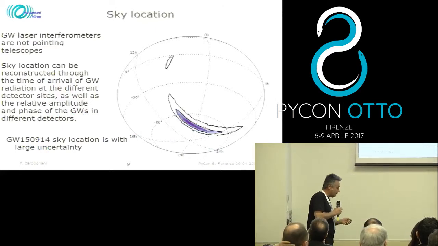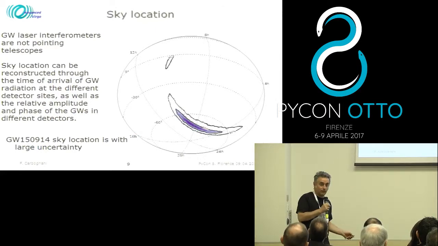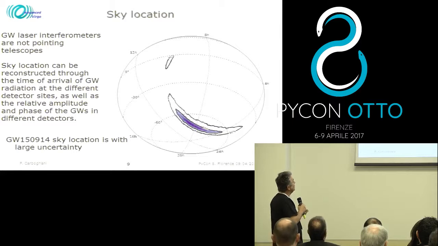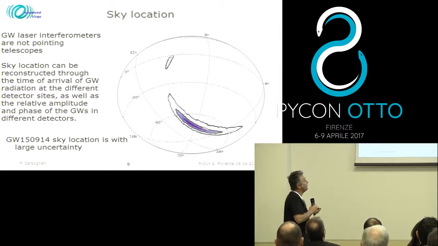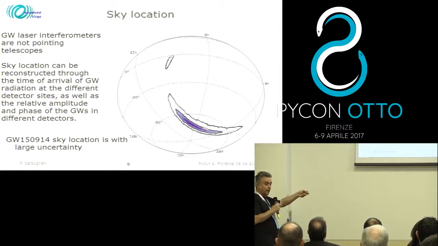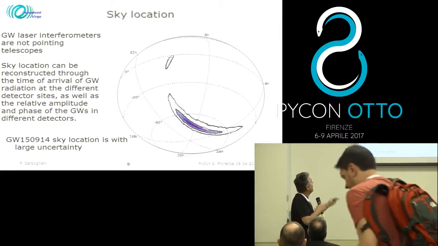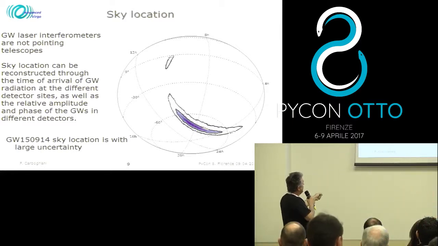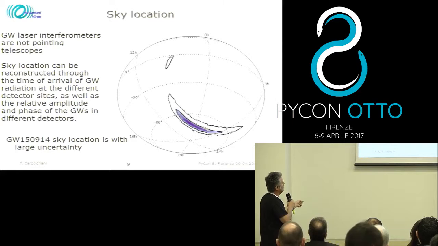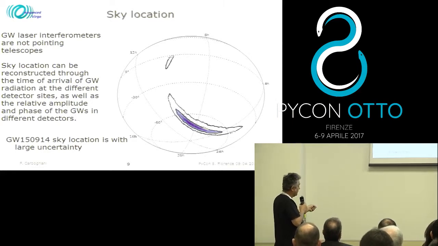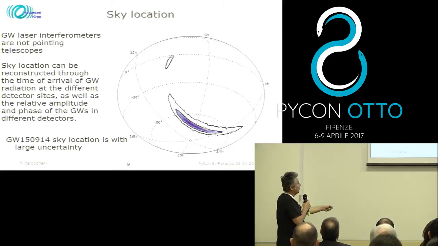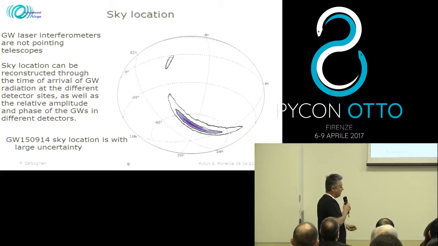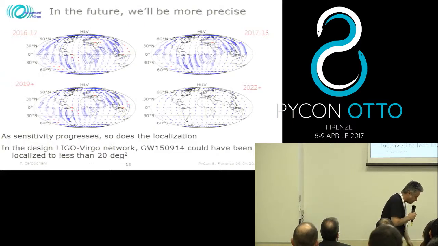But why is it also important to have Advanced Virgo in the loop? Because laser interferometers are not like telescopes. You cannot point at the sky. Sky location can only be reconstructed through the time of arrival of gravitational waves. And for the first event we have seen, the sky location is like this, so very, very uncertain.